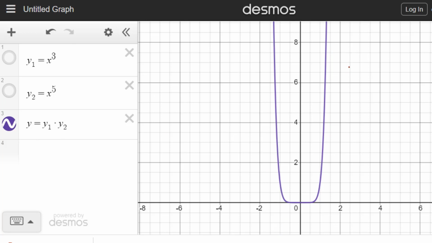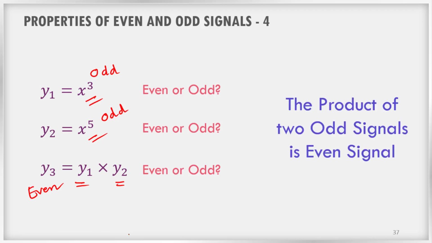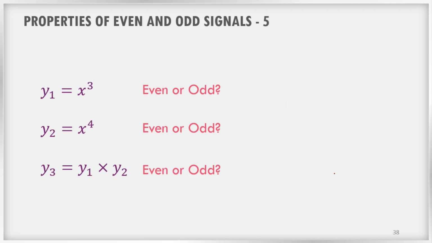So this is an even signal. The product is an even signal. That is another property we have: the product of two odd signals is an even signal. When we multiply two odd signals, the resultant signal will be an even signal. Now consider an odd signal and an even signal.